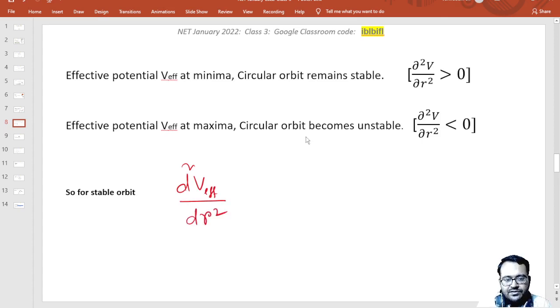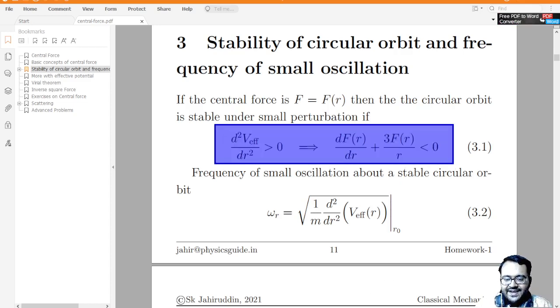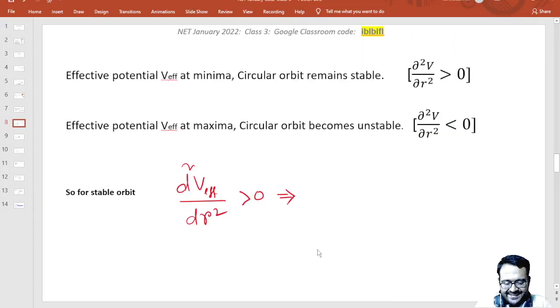This is more important. If we need a stable orbit, then the effective potential should be at a minimum, so this should be greater than 0. Hence you try to prove this: if this is greater than 0, then this should be less than 0.